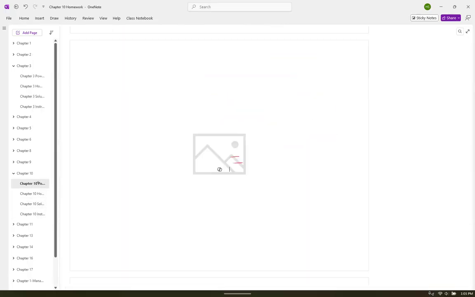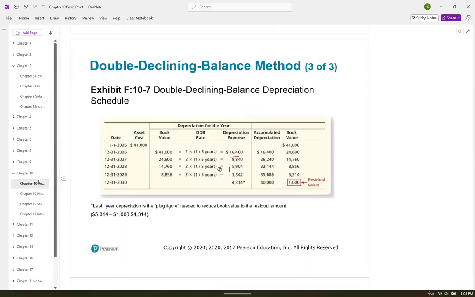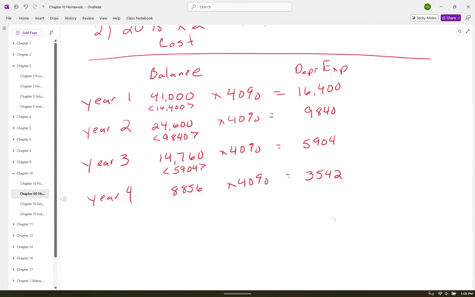I want to jump over here and see if they rounded that. 3,542, they took those cents off, which is perfectly fine. So we're going to come down here and subtract that 3,542.